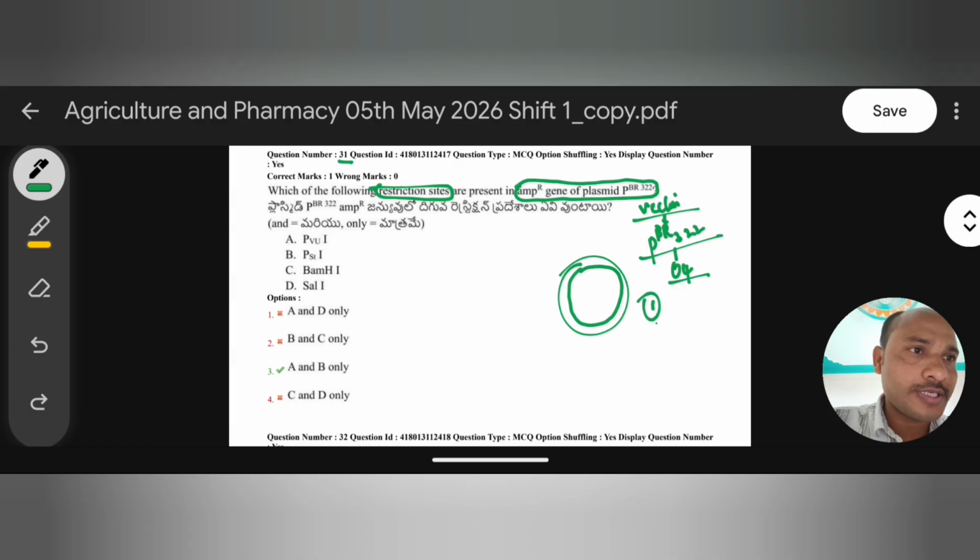We have already discussed this many times. They are the Ori sequence, the origin of replication, and it also has low molecular weight. Third, it has selectable markers.